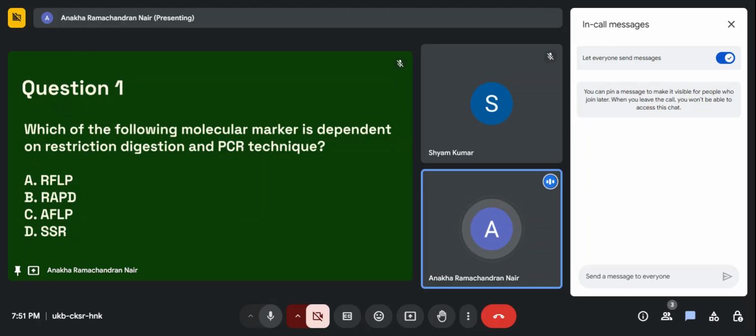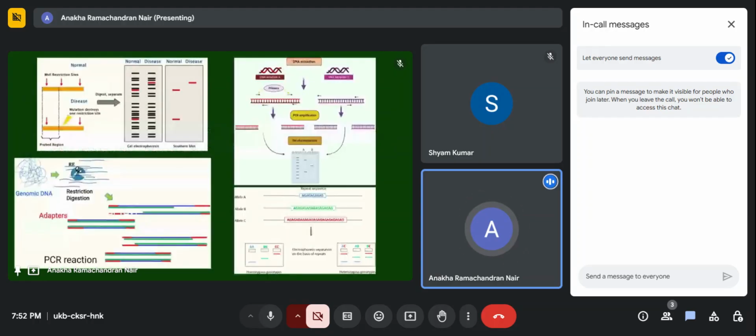You can just write your guess in the chat. All right. So maybe let's try understanding what each of them are.